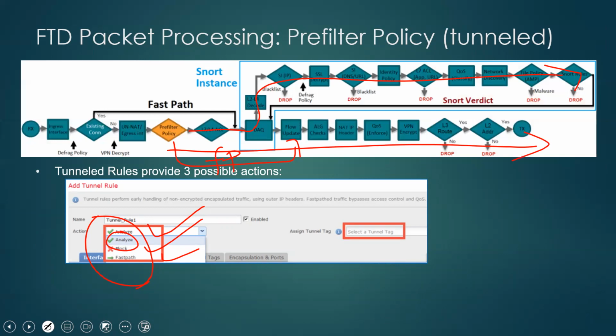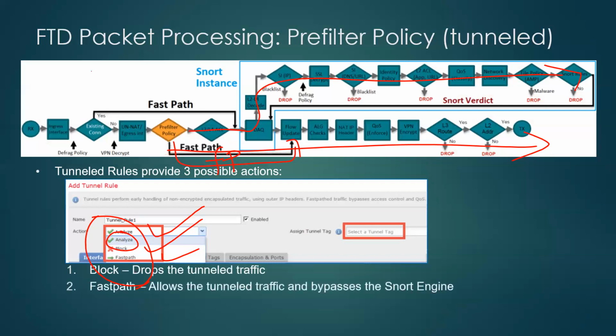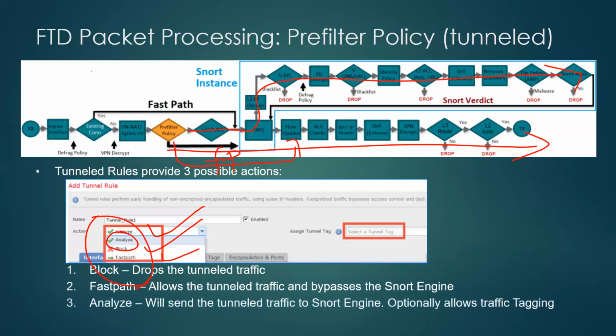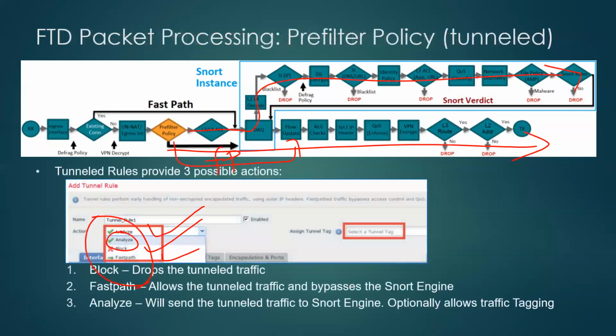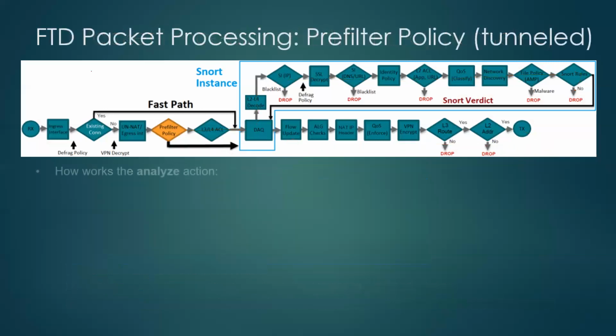So we have three modes in which we can apply this rule. Great. So here you can see that block means drop the tunnel traffic, fast path means bypass the Snort engine, analyze means send the tunnel traffic to the Snort engine, and optionally it allows traffic tagging as well.